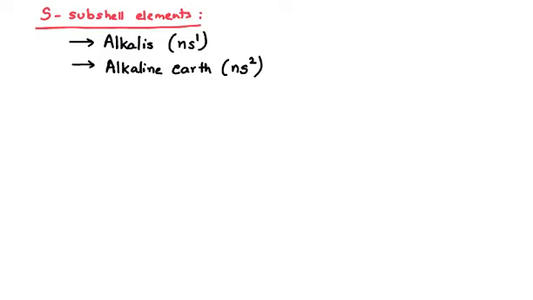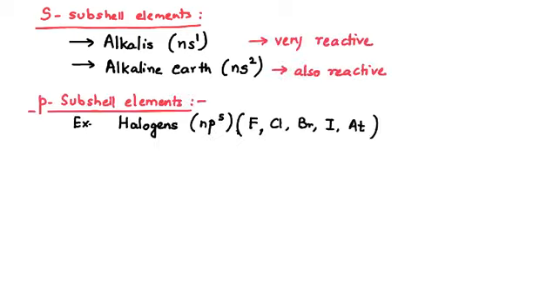Alkali elements have ns1 electron configuration at the end, and alkaline earth elements have ns2. All these ns1 alkali elements are very reactive, because this one electron in the s subshell can easily be removed. However, ns2, even though it's fully filled, is also reactive, but not as reactive as alkali elements.